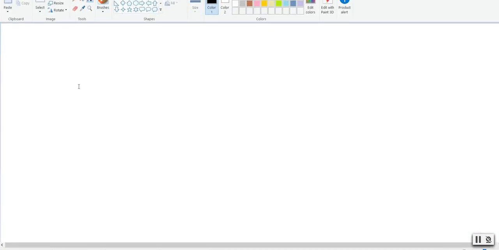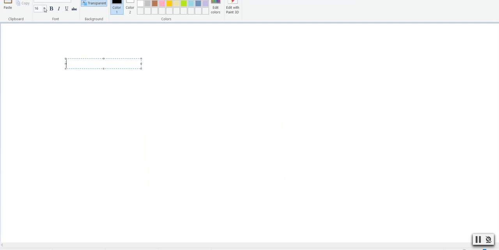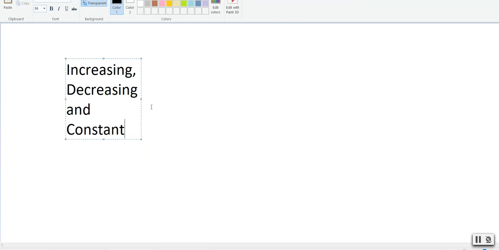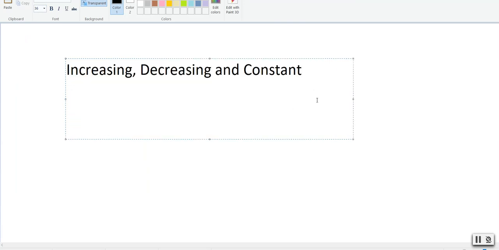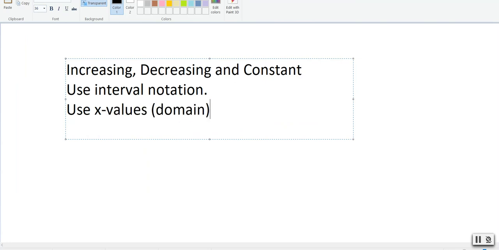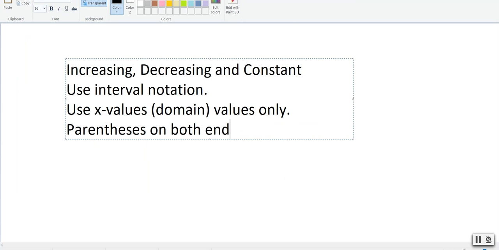Okay, so for intervals of increasing, decreasing, and constant, you're going to use number 1, use interval notation. Number 2, use x values, that's domain values only, and parentheses on both ends.